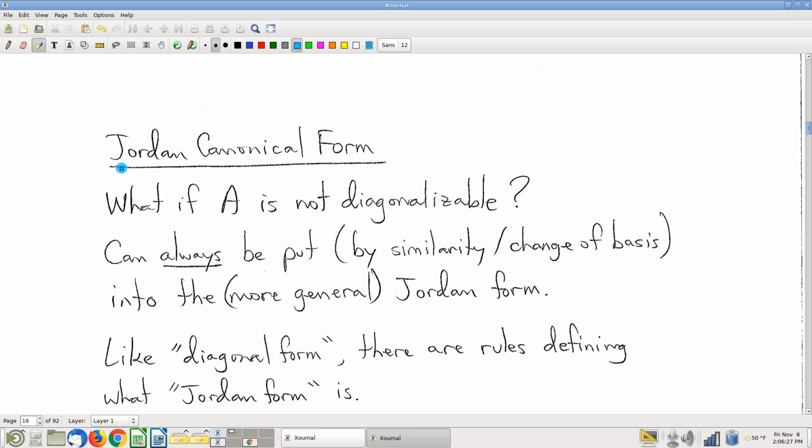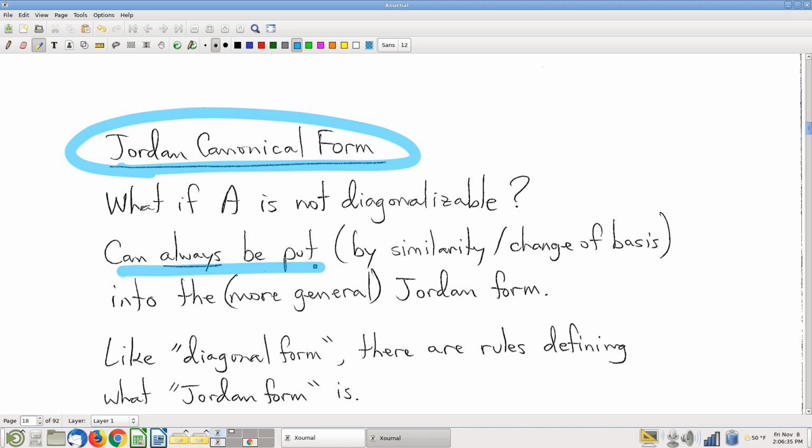There is this thing called Jordan canonical form. It is the consolation prize to diagonalizability. Every matrix can be put into Jordan canonical form. Now, note the use of the lingo here, this very convenient and somewhat misleading language of being put into a form.